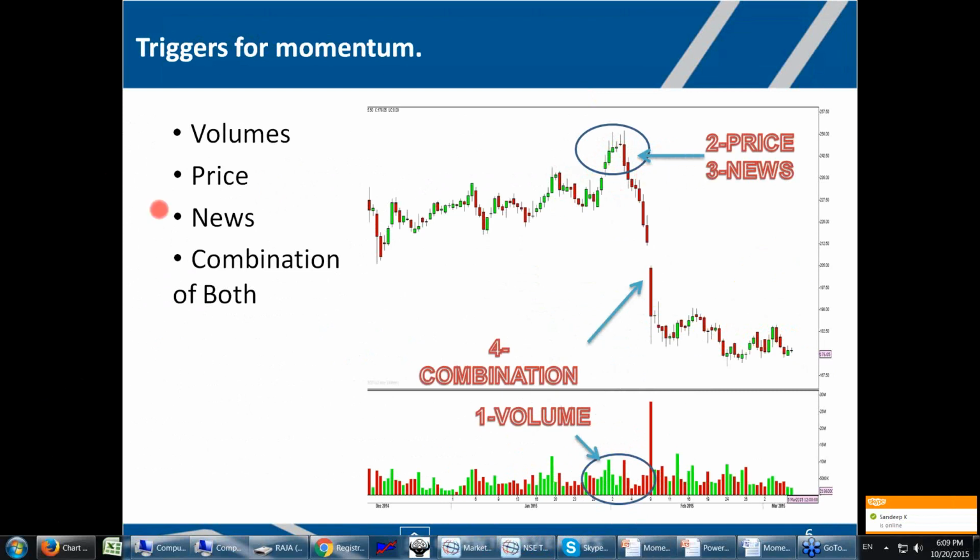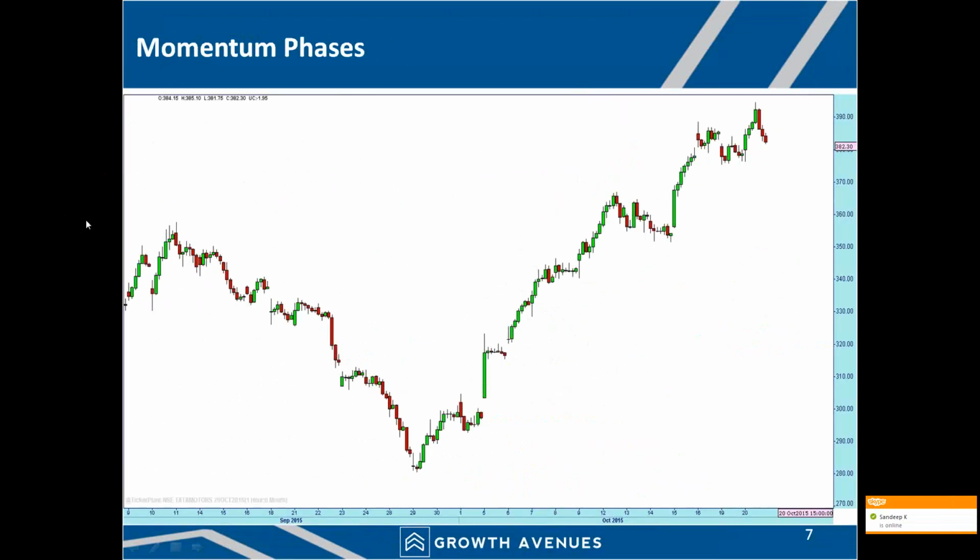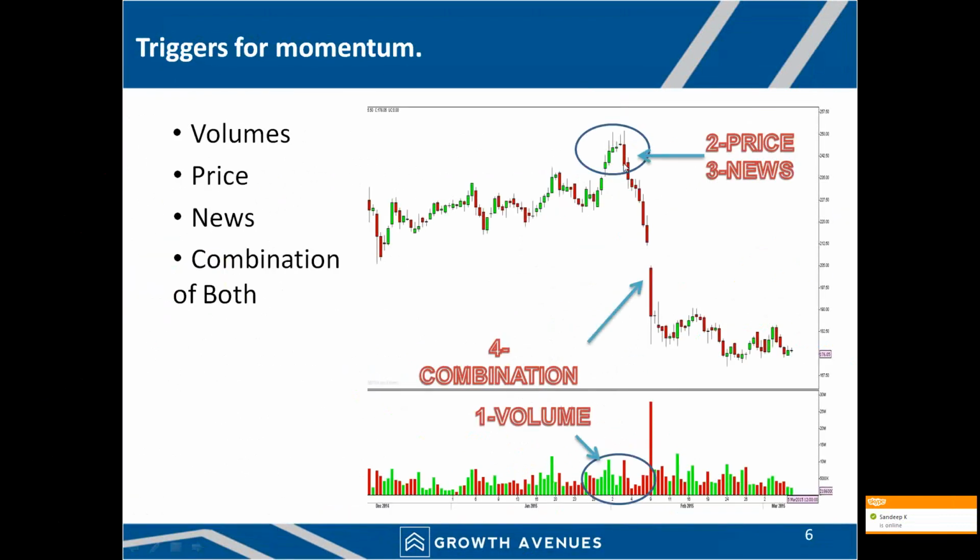This is the chart of Apollo Tyre. And then the combination of the entire three elements, volume, price and news, brings it down in a rapid force. So this is the power of momentum.